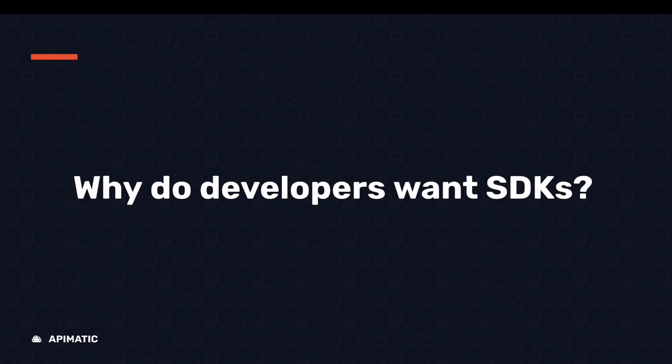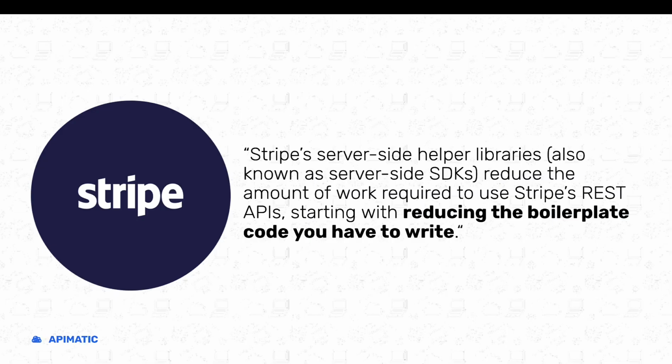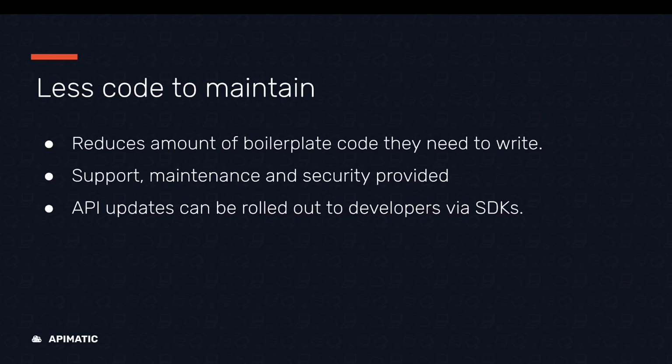I think Stripe actually says it best when they say that the reason they provide SDKs is because it reduces the boilerplate code that developers have to write. That common code that everybody needs to integrate with an API needs to be written, it needs to be supported, and we need to look for security vulnerabilities and patch those.